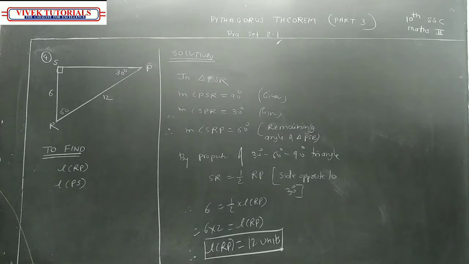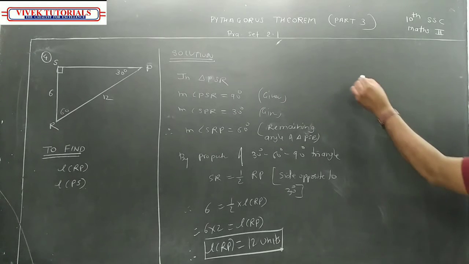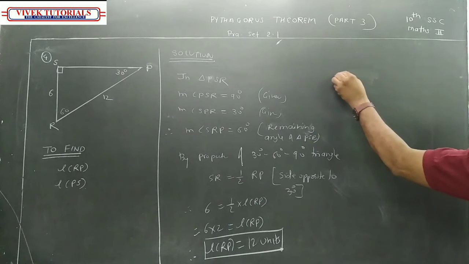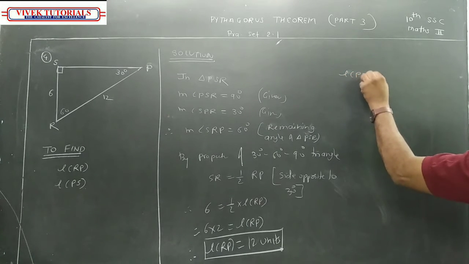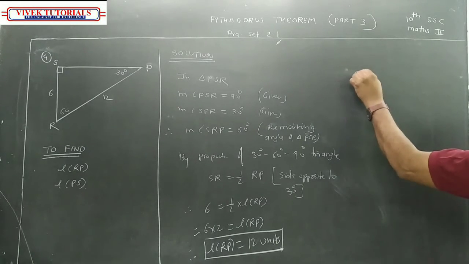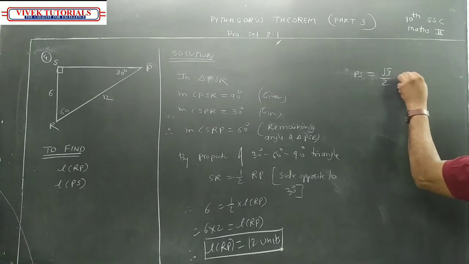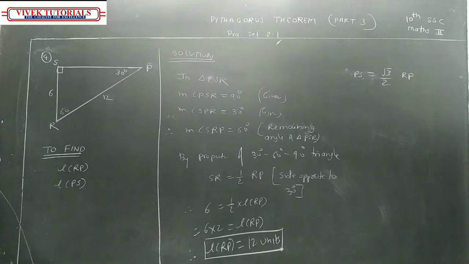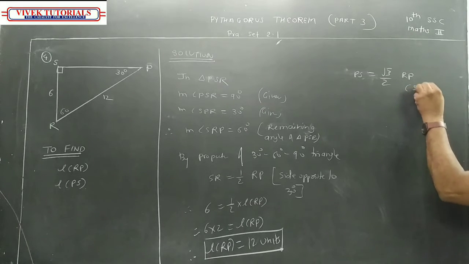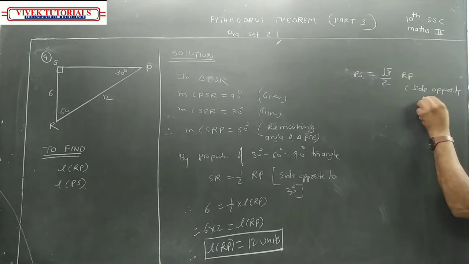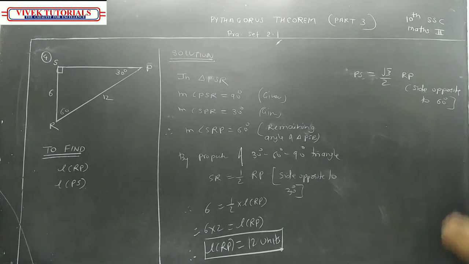SP. Now again we can write length PS is equal to root 3 upon 2 of RP. We are going to write side opposite to 60 degree.